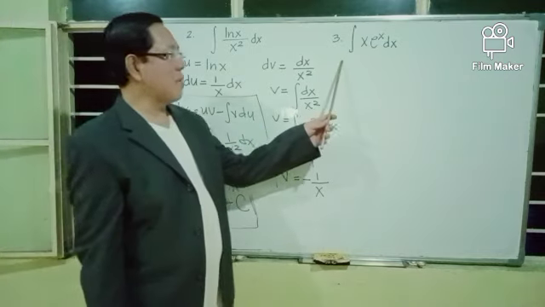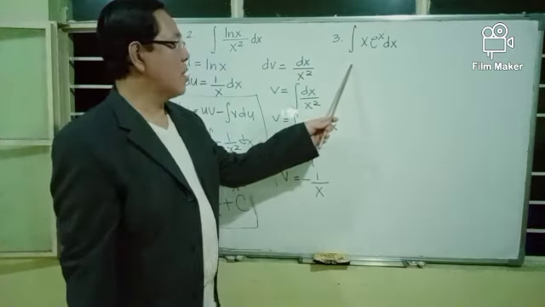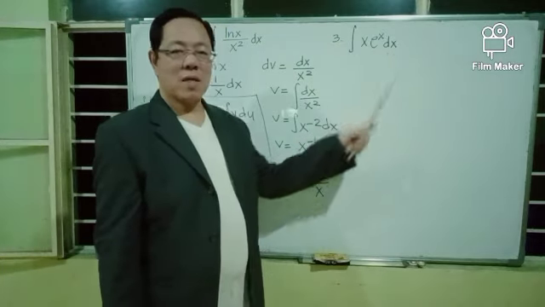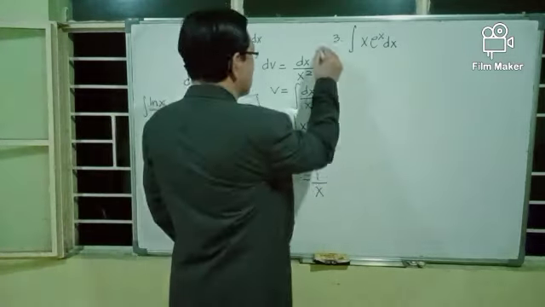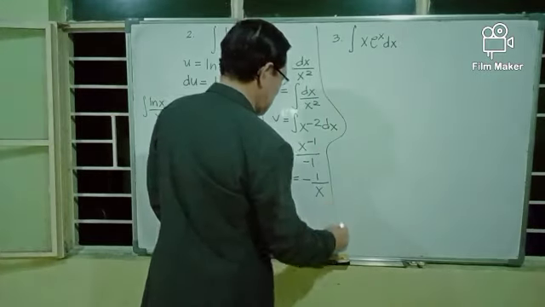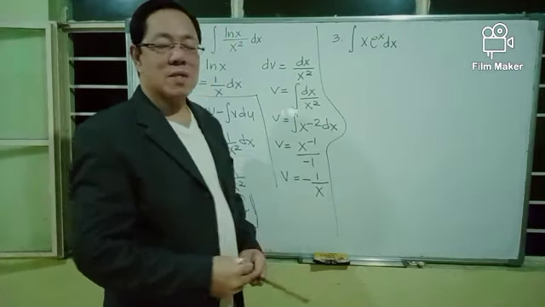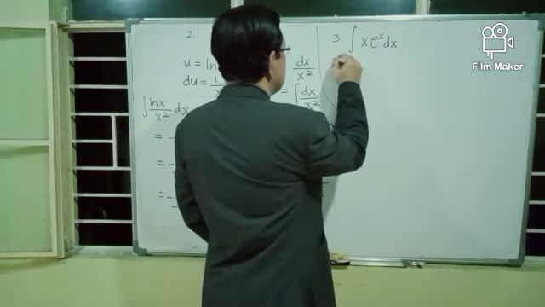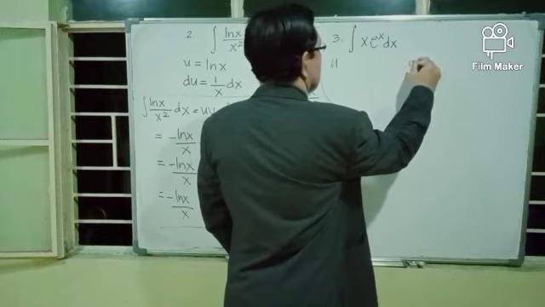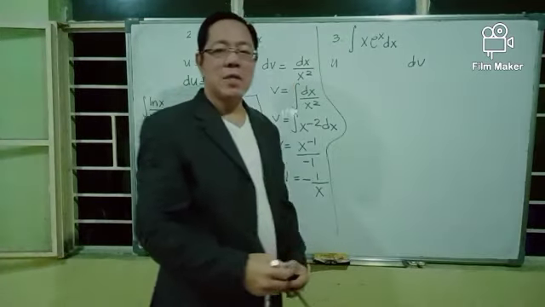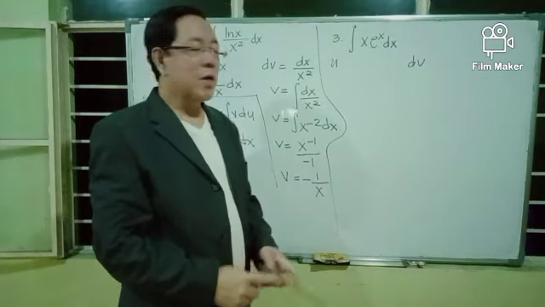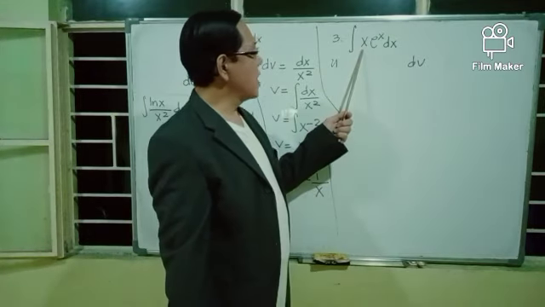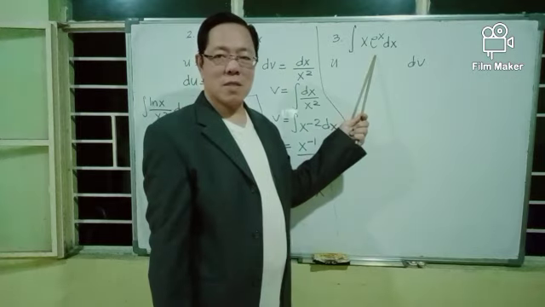For our third example, we consider the integral of x times e to the x with respect to x. Again, we must decide our u and dv. For your u, an expression in x, you may use x or e to the x.